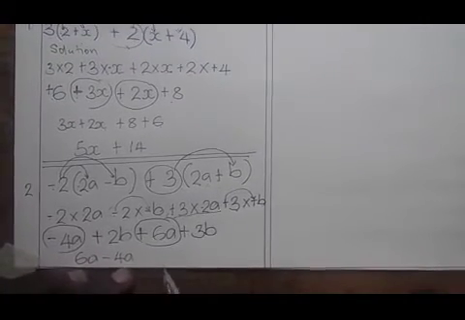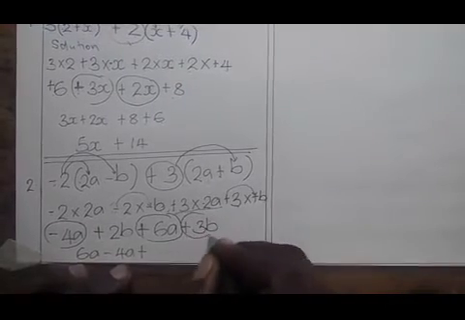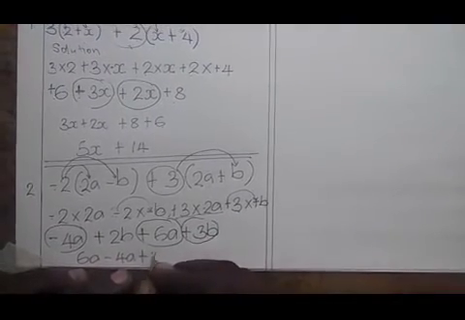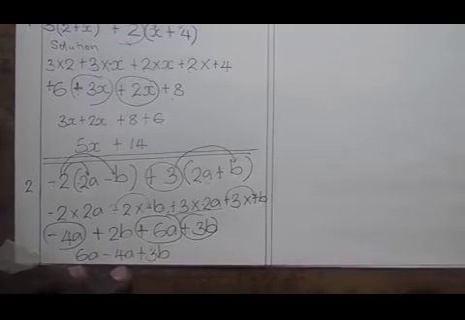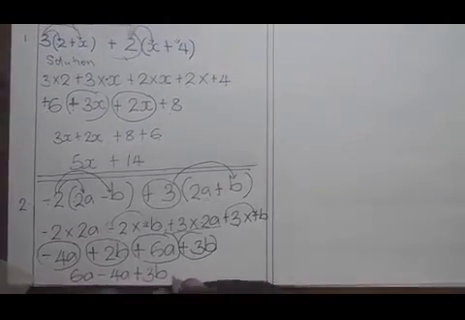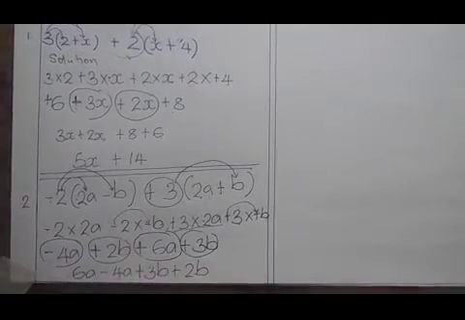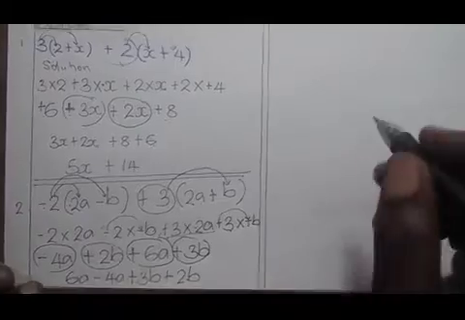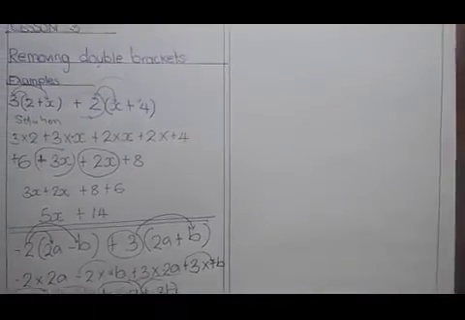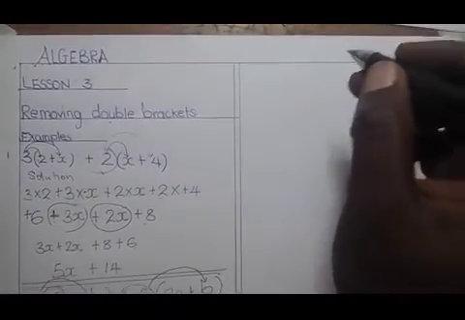Now we go to the b's. Here we have 3b, a positive 3b. Bring this one, which is also positive, plus 2b. Now, when we add these together, for the a's we are subtracting, so we have 6 minus 4.